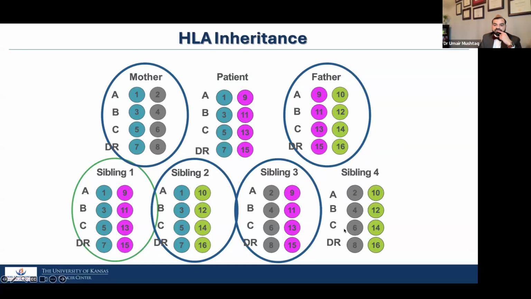And as you can see from the siblings, there is one who's disparate, but the others are haploidentical. This is a patient haplotype. So you will have half of it, it's on chromosome 6, so half of the inheritance is from the father and half of it is from the mother. So chances of finding haplodonors within the family are there.